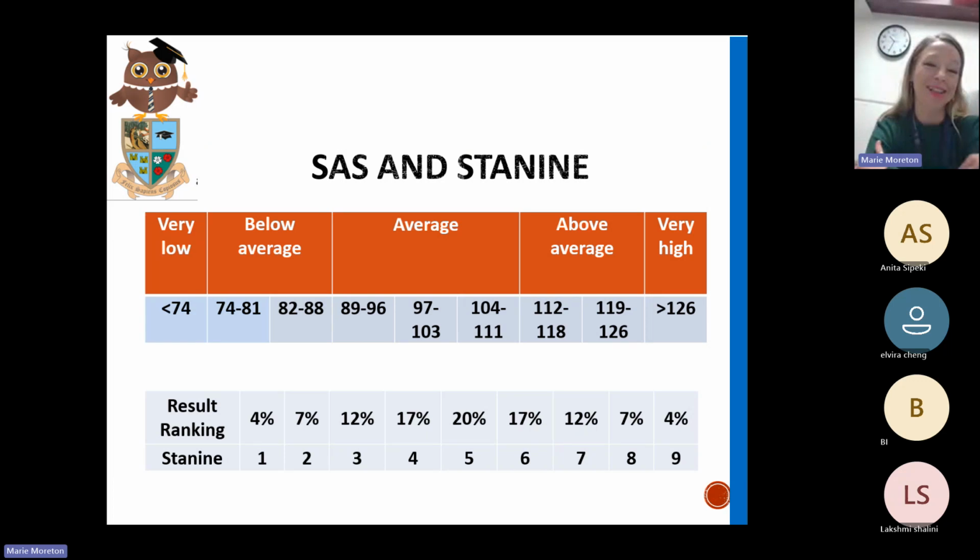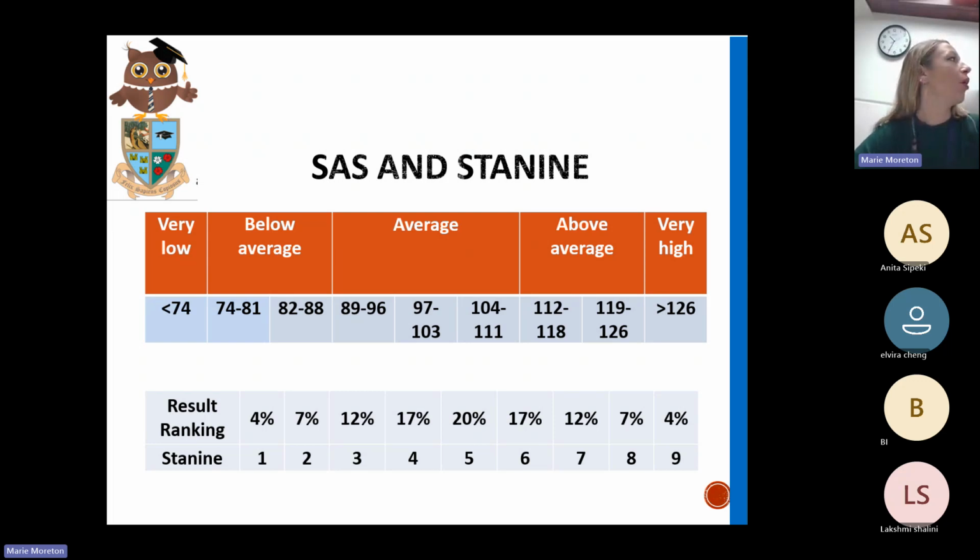So the SAS means the standardized age score. The children get a number between 41 and 141. So 41 is extremely low. It is the lowest score that you can get. 141 is extremely high. It's the highest score you can get.